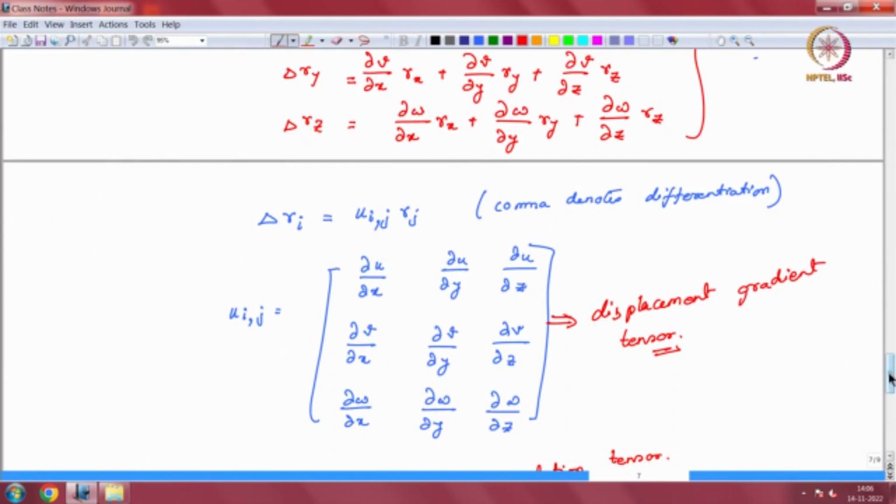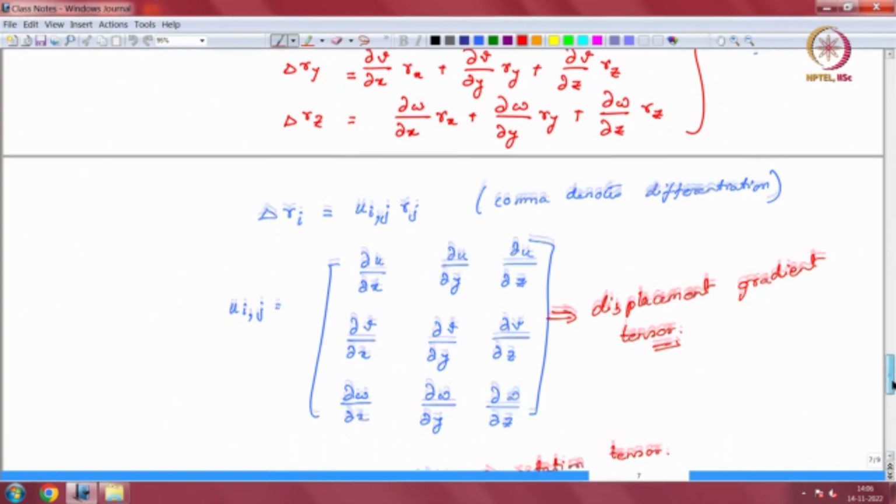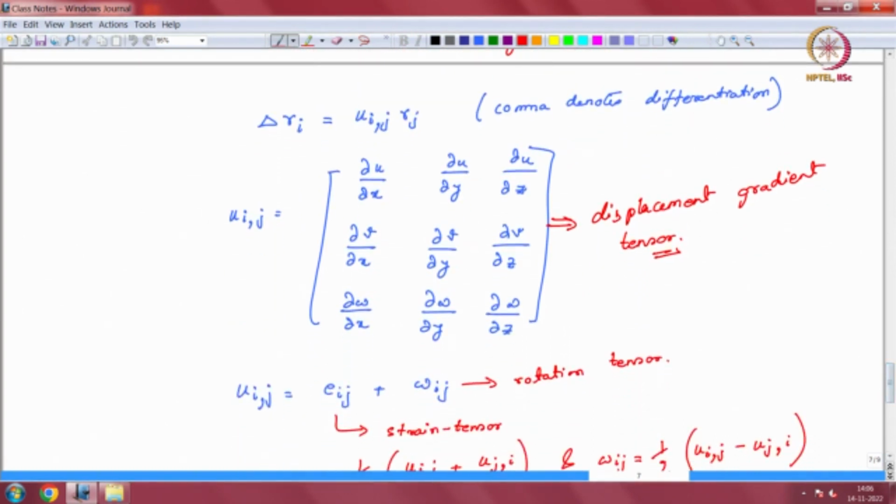So if you are not very familiar with index notations for tensors, you might want to go into it. We will not be using it a whole lot, but it's very straightforward to get introduced to it because it helps us write very complicated equations like this matrix on this right hand side. We can just express this as a simple notation on the left hand side.